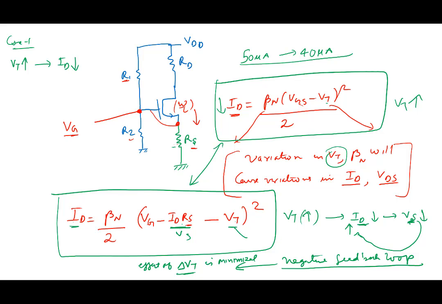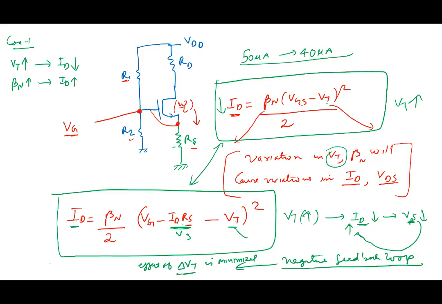Same thing happens with beta n. Here, an increase in beta n would immediately cause ID to increase. Here also an increase in beta n would cause ID to increase, but as ID increases, this Vs drop also increases, and therefore it has an effect of reducing ID.